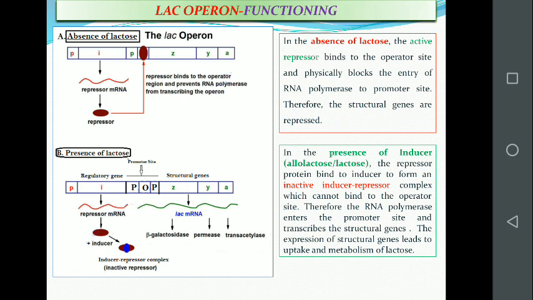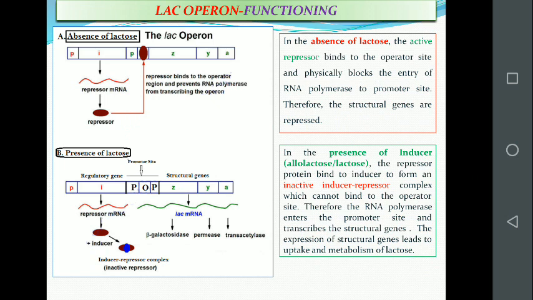What happens because of this? The permease is inserted into the cell membrane, and that allows entry of a large quantity of lactose into the cell. More permease molecules means more lactose enters the cell.